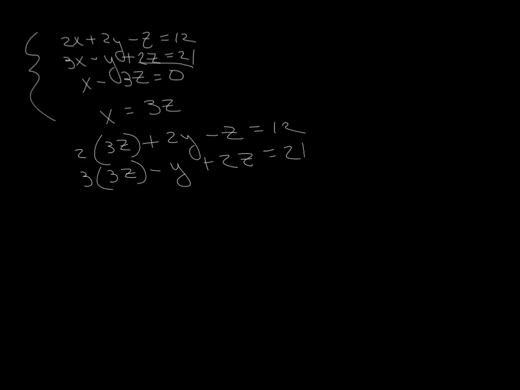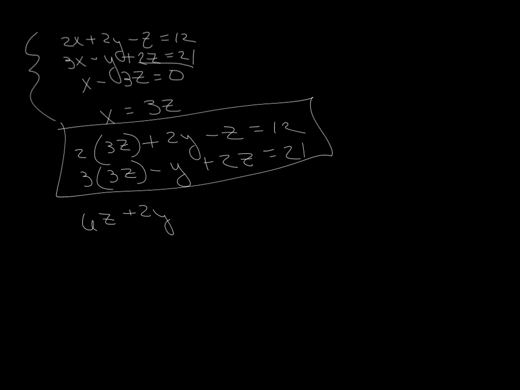Now I'm going to take these two equations and simplify them. So the top one will be 6z plus 2y minus z equals 12. And the bottom will be 9z minus y plus 2z equals 21.